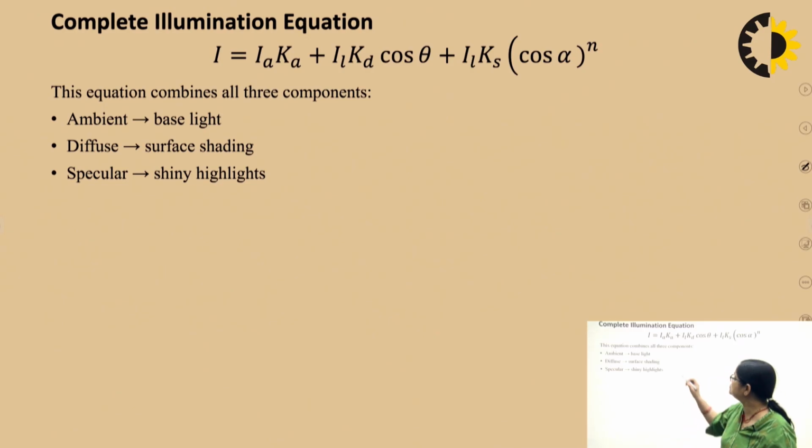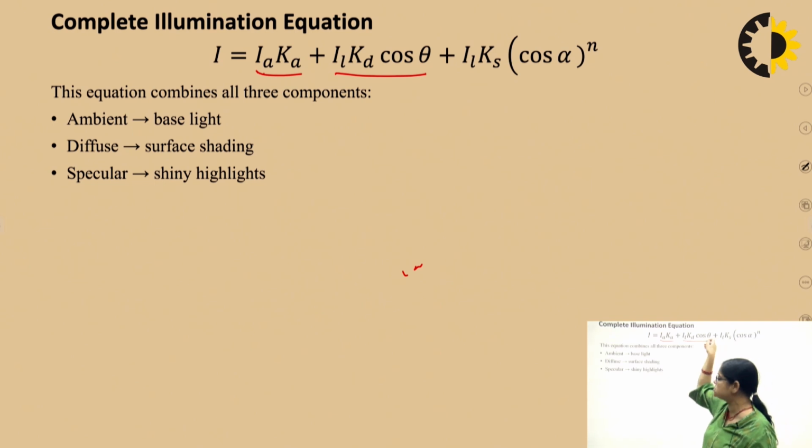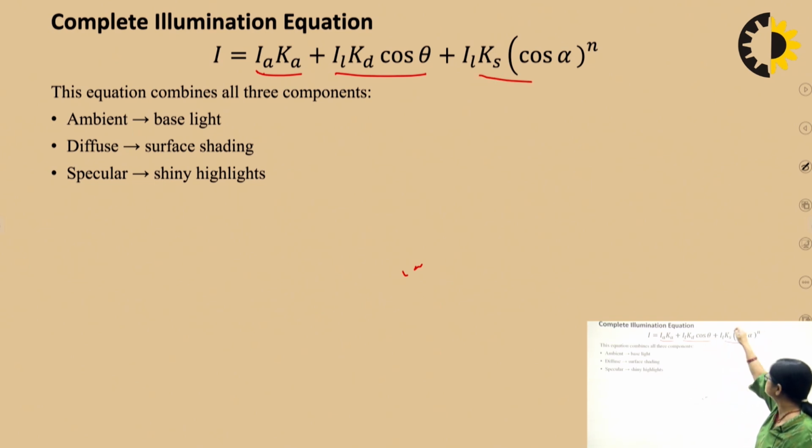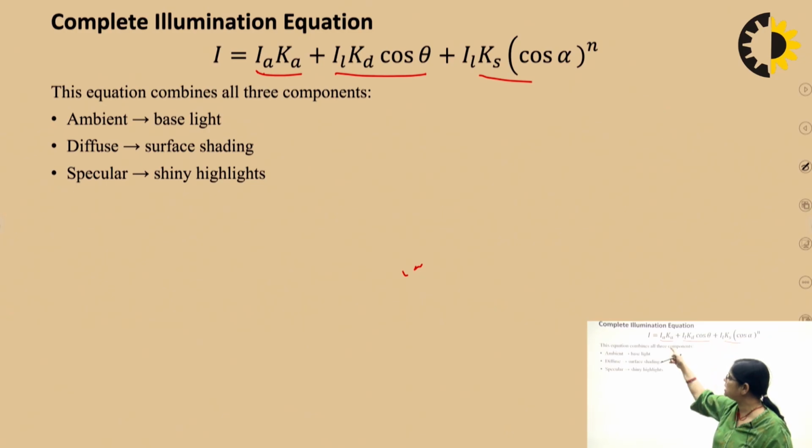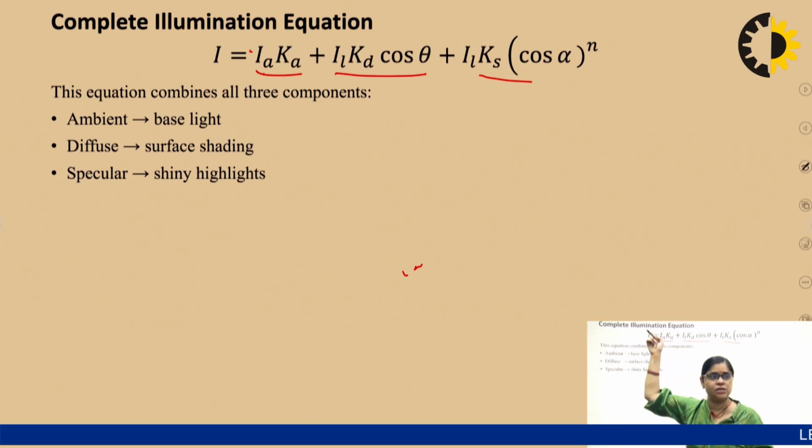If you see, it is showing the ambient, this formula is showing the diffuse, and this formula is showing your specular. If I am combining all these three formulas, we are able to find out a complete illumination equation.